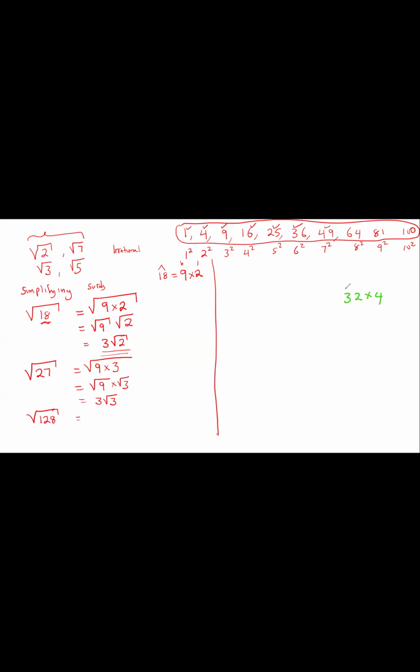We are going to test out this one and we shall test out 64. The person who gave us 64, you say this is 64 times 2. So this will be root of 64 times root of 2. Root of 64 is 8, so 8 root of 2. This is the simplified form.